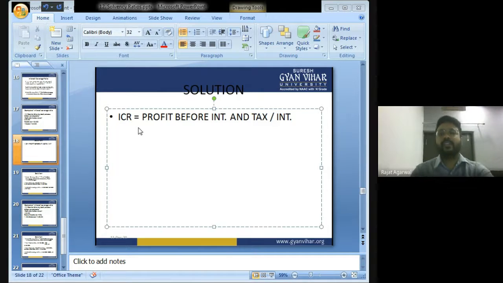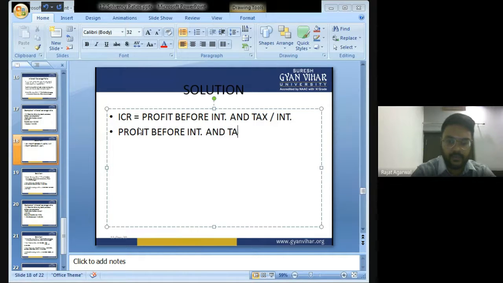Profit before interest and tax divided by interest. So let us first calculate profit before interest and tax.